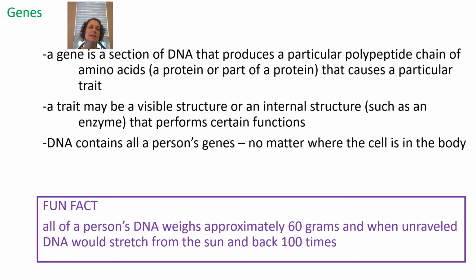All of those are determined by your genes, and the DNA contains all of a person's genes. Remember, every cell in your body, whether it's in your eyeball or your big toe, has all of the genes for your whole body. Only certain parts of the DNA are used in certain parts, but every cell has this information.